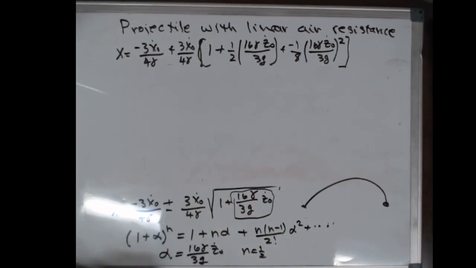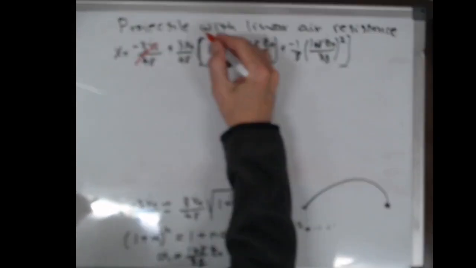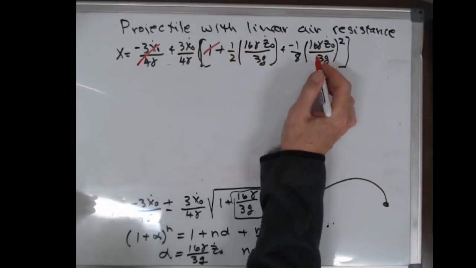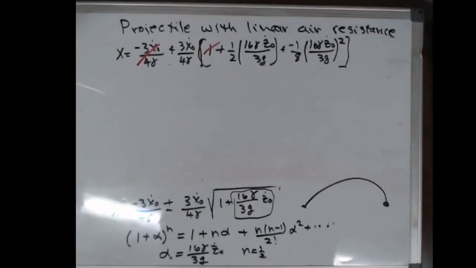So you can probably see that this term and this term are going to cancel after it multiplies out. And so we'll just be left with 2 terms. And you can simplify the algebra, but I'll just write it out for you.